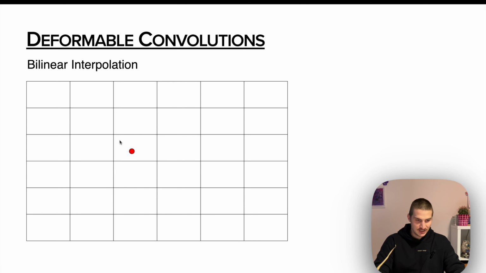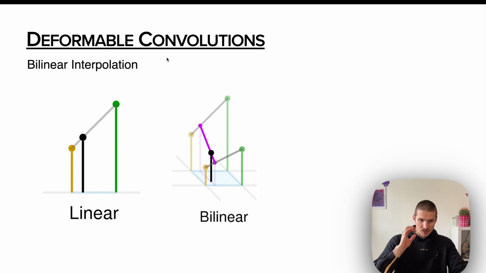The way it works is it looks at only the closest 4 points and then decides on a value at any non-integer location between them, based on how close this point is to each of these 4 reference points.